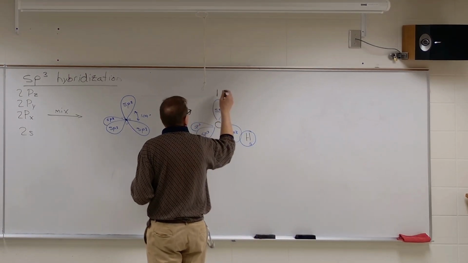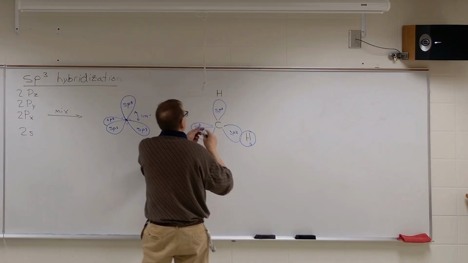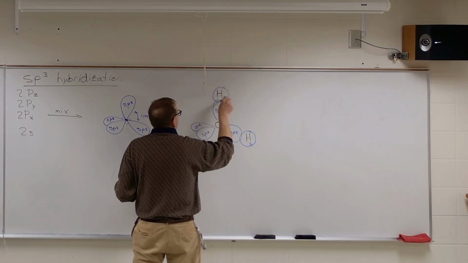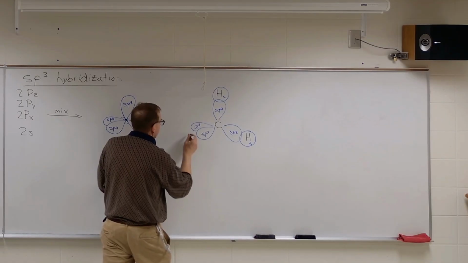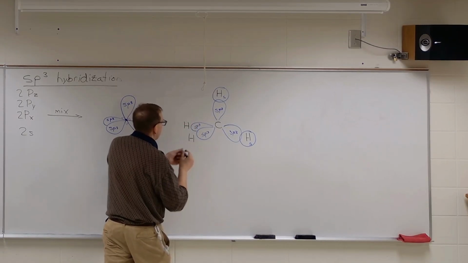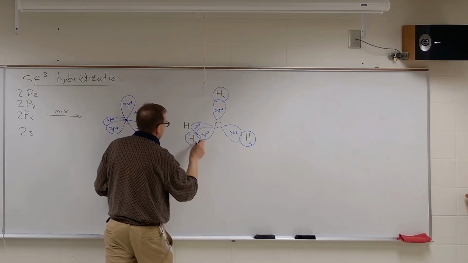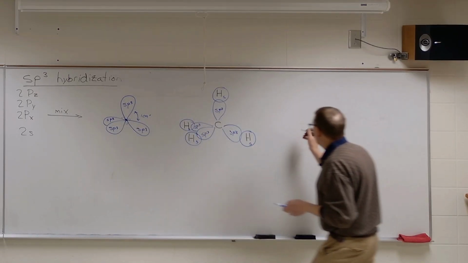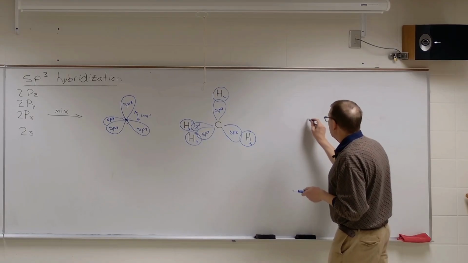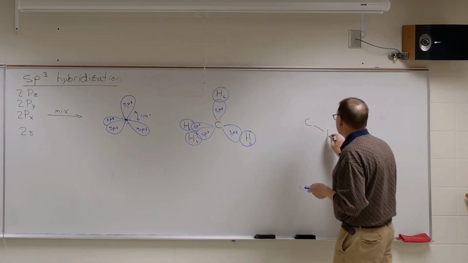And then a hydrogen up here, an s orbital, and the overlap is where the bonding happens. And then here, a hydrogen there and a hydrogen here. And so what this is trying to show is what a methane molecule looks like that has this structure.